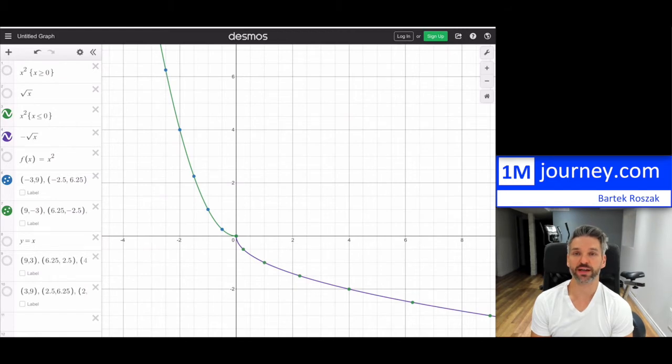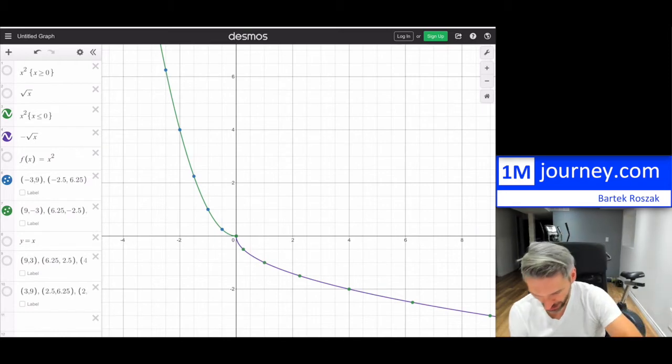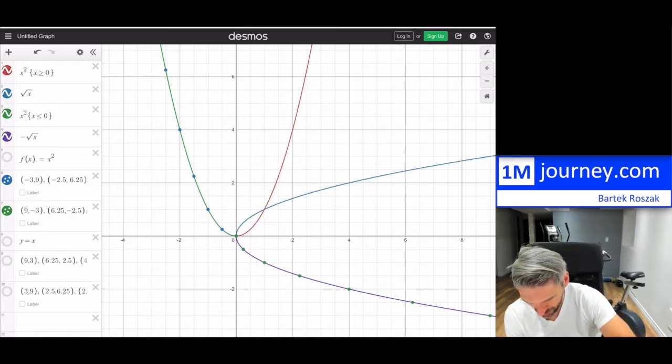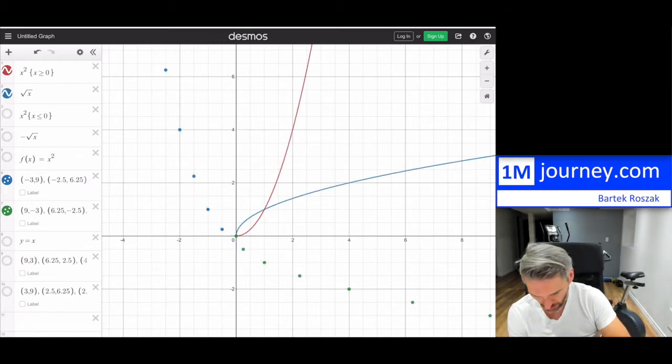So you can do this, or you can restrict it in the other way. If I would remove this and put all positives, for instance, I would do that. And here are my positives. I'm going to remove those. Now in this case, we have both.